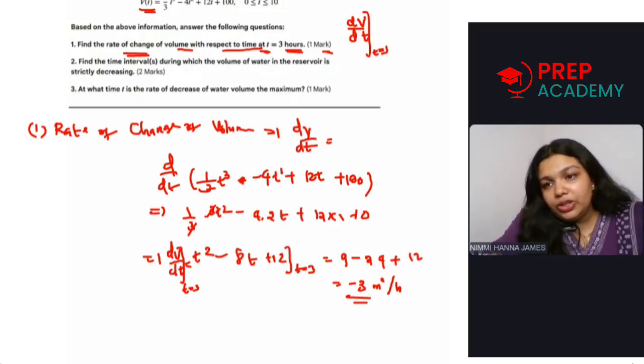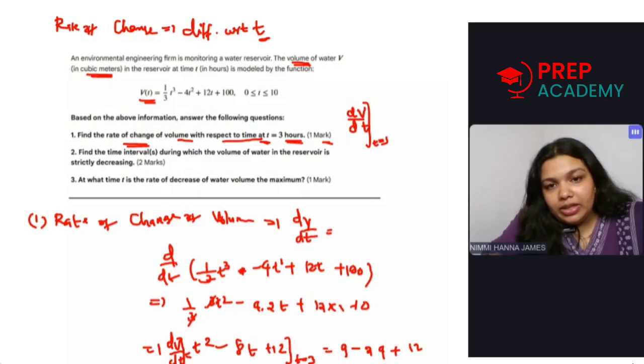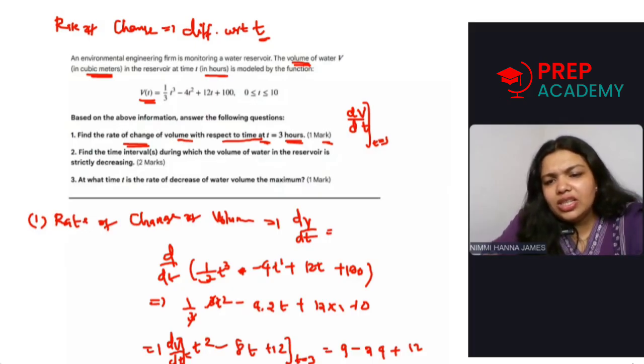You have to be careful when you put the unit. Volume is given in cubic meters and time is given in hours, so the unit is cubic meters per hour. So what does this mean? The rate of change here is minus 3, which means the water is decreasing.